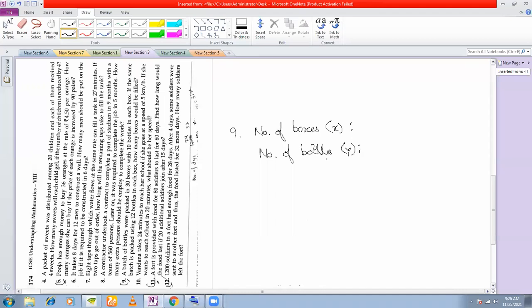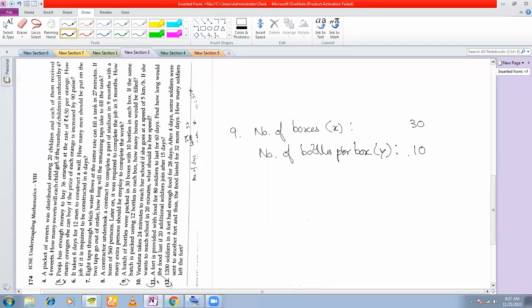Now if you read the question once again, a batch of bottles were packed in 30 boxes with 10 bottles in each box. So 10 bottles in each box, number of bottles per box, is Y. So 30 boxes, and 10 bottles per box, right?